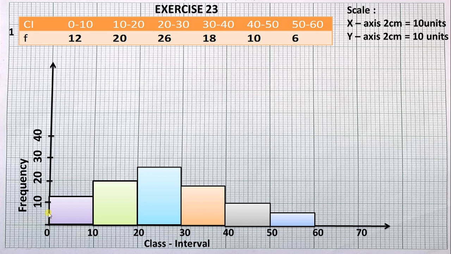So we have completed all the 3 steps. The first step, as it was given in the exclusive form, conversion is not necessary. And in the second step, the x-axis and y-axis have been defined and the rectangles are drawn continuously.